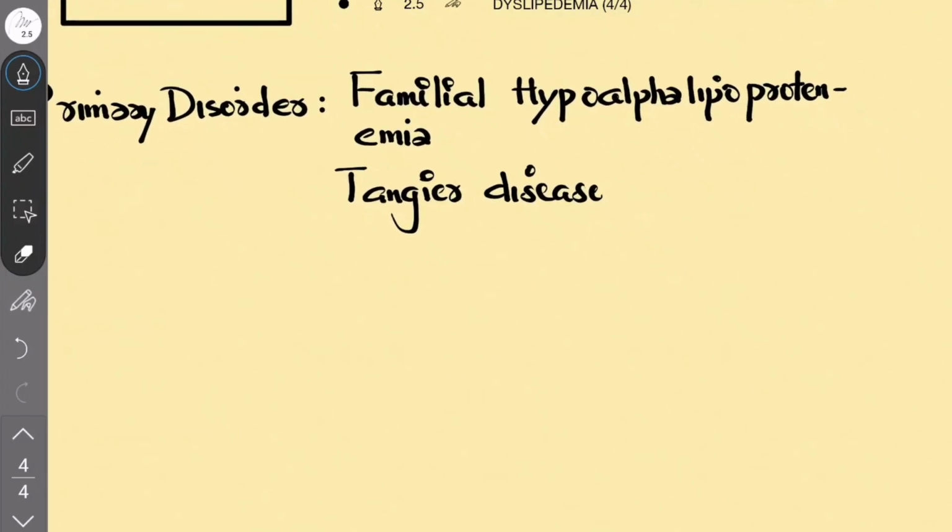What does Tangier disease mean? Tangier disease is characterized by a severe deficiency or absence of HDL in the circulation, resulting in tissue accumulation of cholesterol esters throughout the body, particularly in the reticuloendothelial system. So it is an absence of HDL in the circulation.